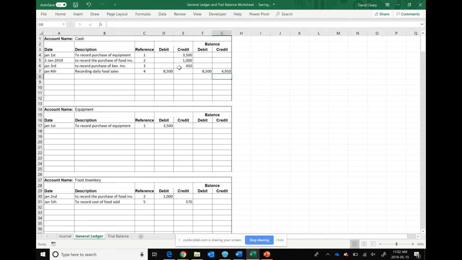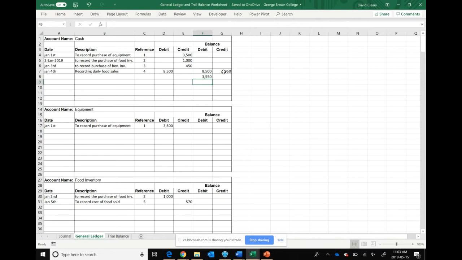We now take the debit total and subtract the credit total. So the balance for our cash right now is $8,500 minus $4,950 to give us a balance of $3,550. That is what's in your cash account right now.